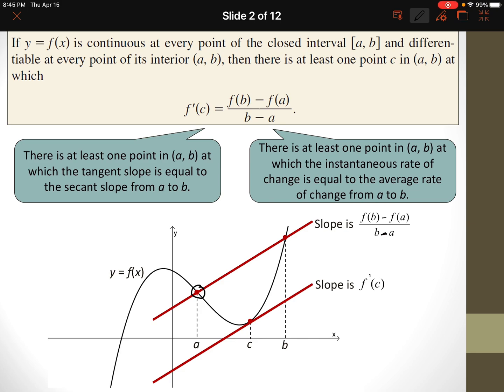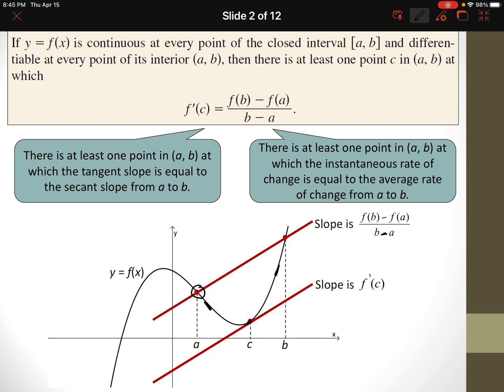And what the mean value theorem is saying is that at some point, if you start off less than the average slope, you're going to have to eventually go to more than the average slope. If that slope's going to be the average and you're starting less than, at some point you're going to have to be more. So like in here, the slope was less, and so over here somewhere it's got to be more. Well, if it's got to go from less to more, at some point it's got to be equal. If you're going to go below it and then above it, at some point you've got to hit some point where it happens to be equal.